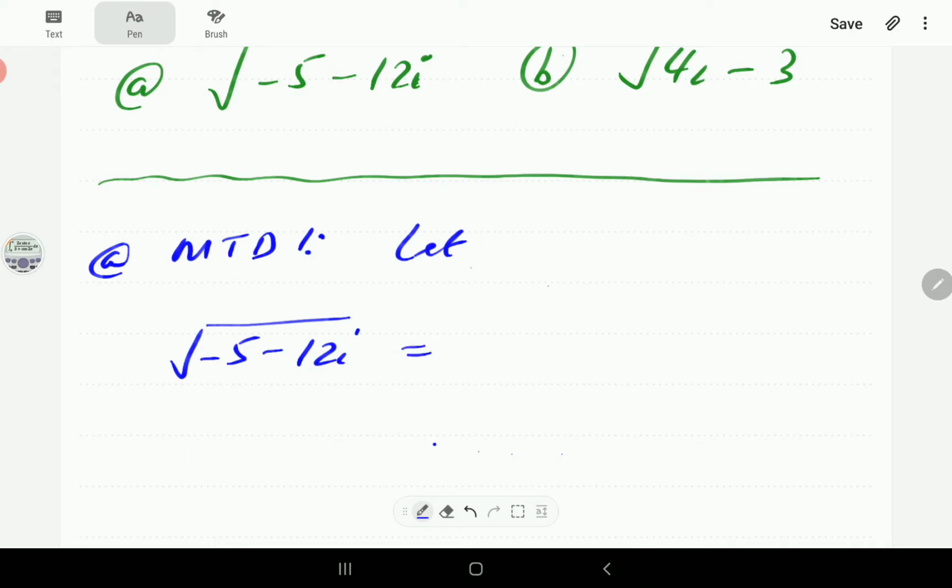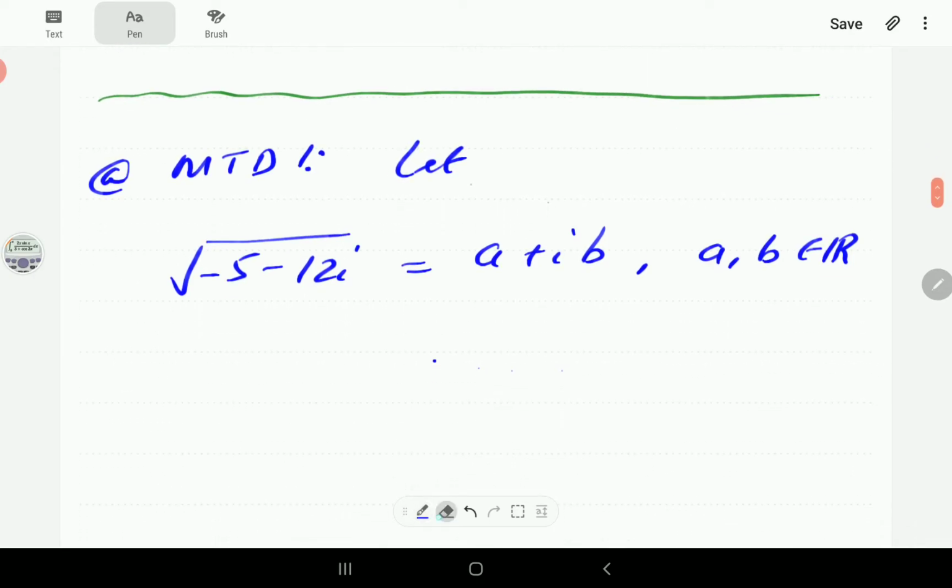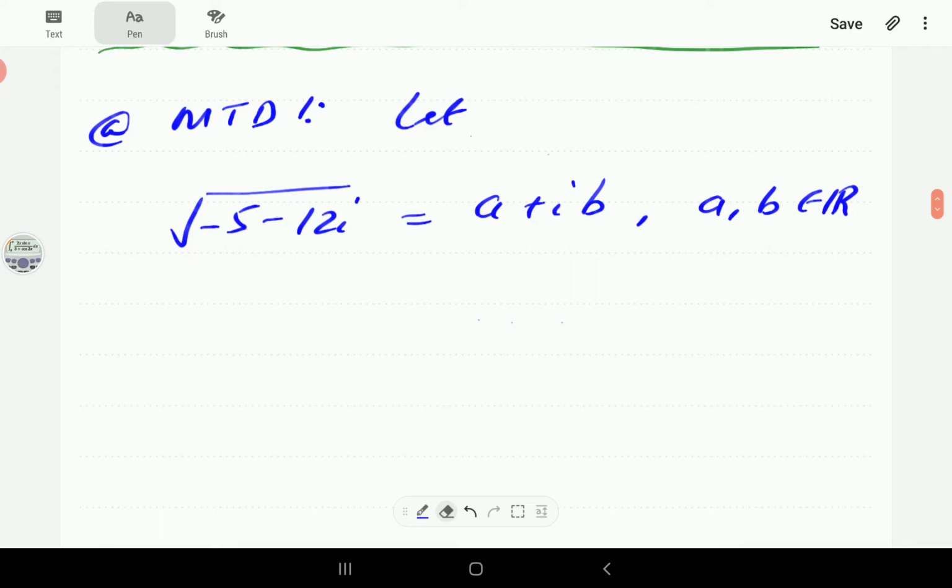So if we just let this square root be equal to a plus ib, where a and b are both real numbers, then if we can find a and b, we have found the square root of minus 5 minus 12i. So we're going to square both sides. On the left hand side we just have the terms inside the square root.